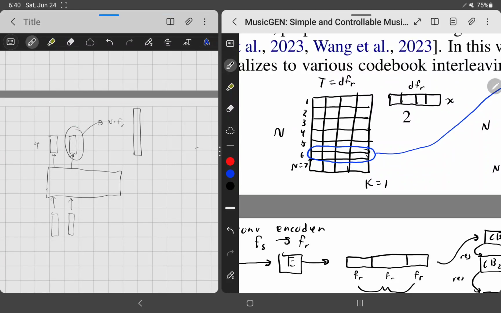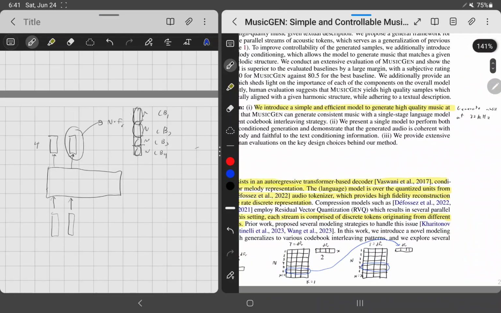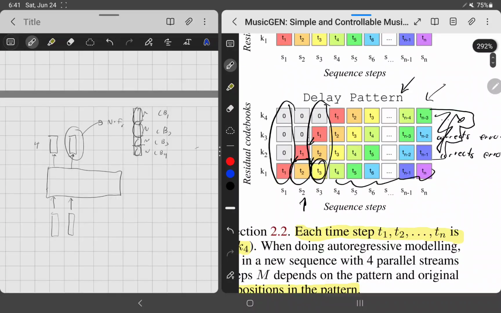You take the last token and project it to a space that is n times f sub r. You can think of this as predicting a softmax over every entry in the codebook. Each codebook has n entries, so this would be n entries for each of codebook 1, 2, 3, and 4. Each of these is its own softmax.